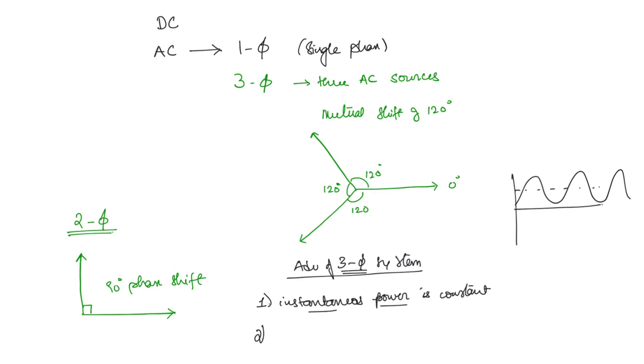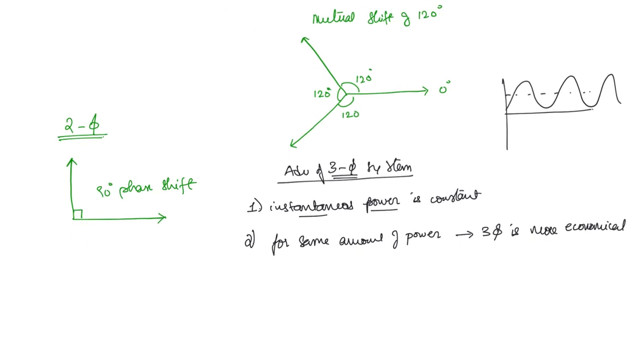The second point is, for the same amount of power, the three-phase system is more economical. The reason for this is the volume of the wire required. We have conducting wires, right? The volume of the wire required for the same power is going to be lesser in a three-phase system.